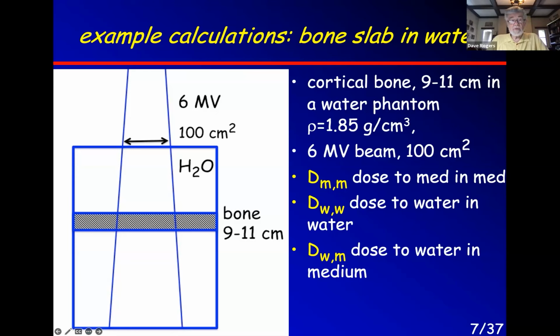So what we have is a slab of cortical bone here between 9 and 11 centimeters depth in a big water phantom, irradiated by a 6 MV beam with about 100 centimeters squared. And we can calculate here the dose to the medium in medium. So it could be the dose to water here, or the dose to bone here. Or we can treat the whole thing as being water, with high density water in this region from 9 to 11 centimeters.